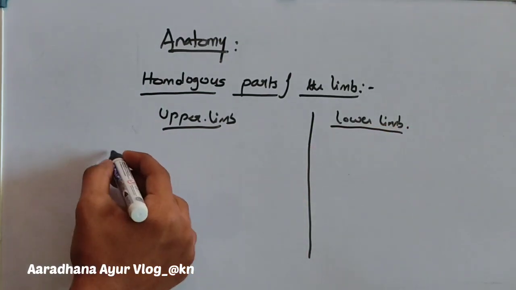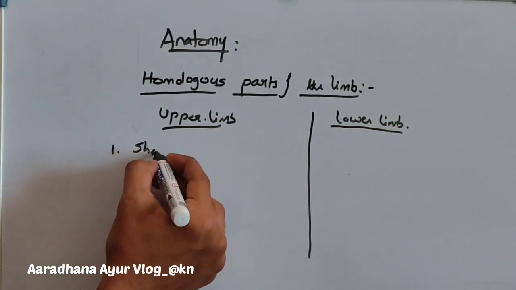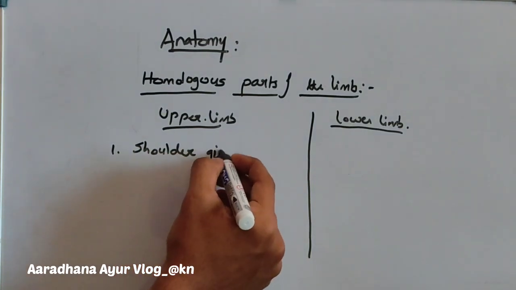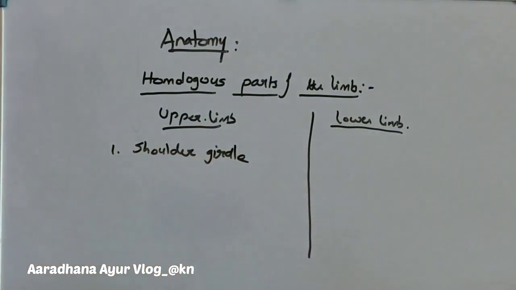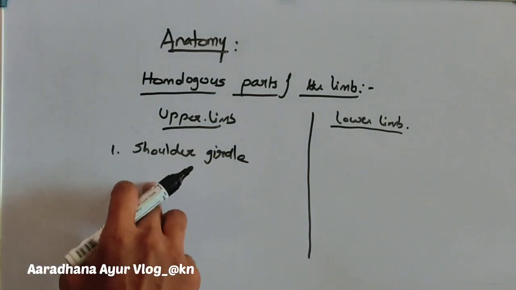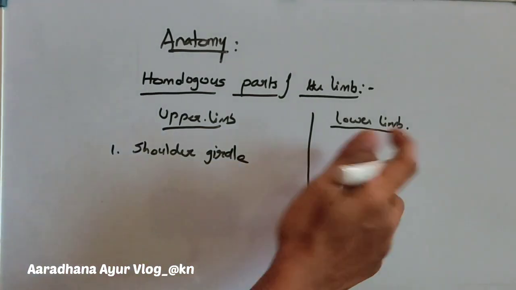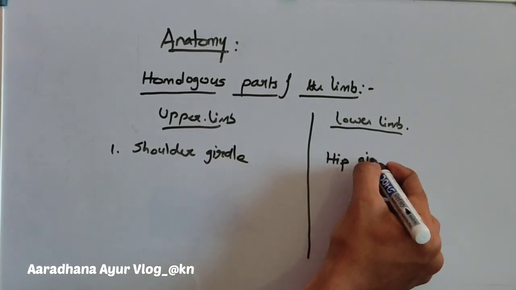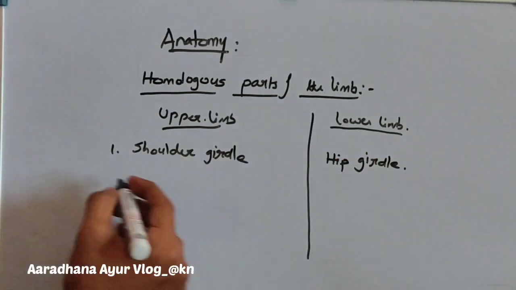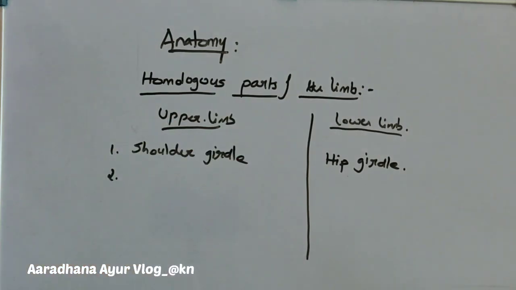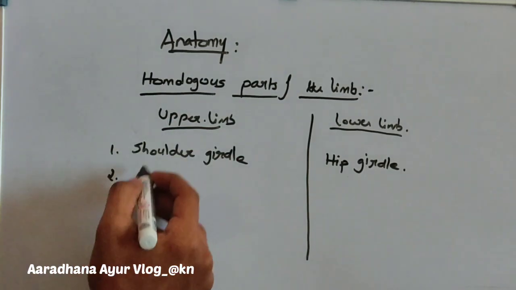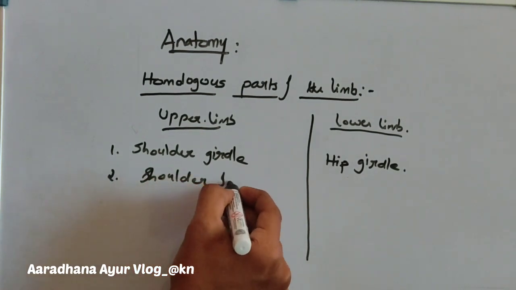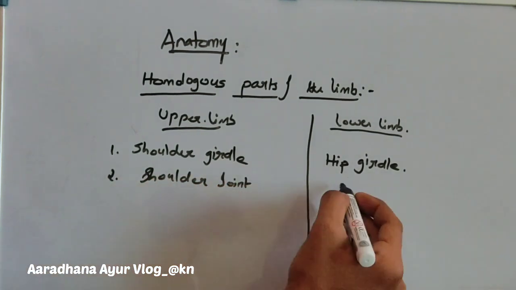So in the upper limb, first comes the shoulder girdle, and similarly it has been correlated in the lower limb as the hip girdle. Secondly, the joint, that is the shoulder joint, is present in the upper limb.